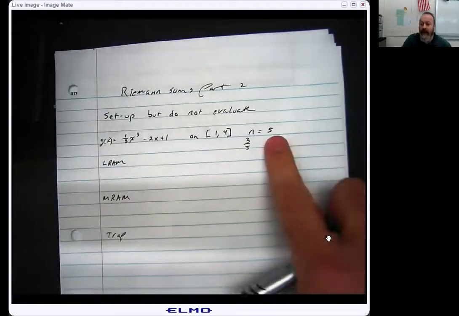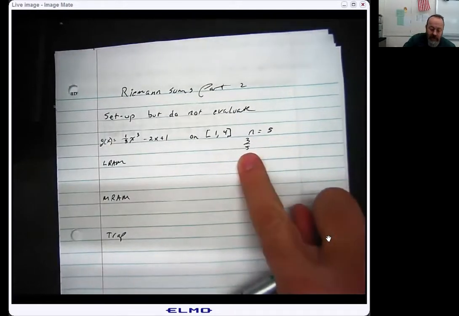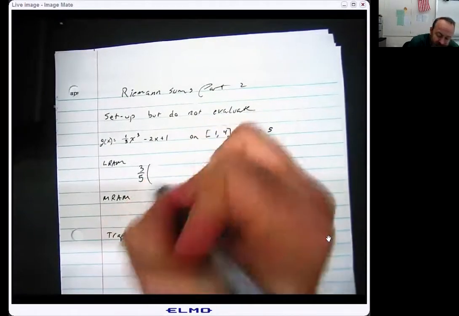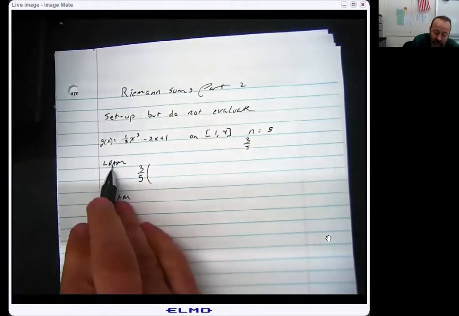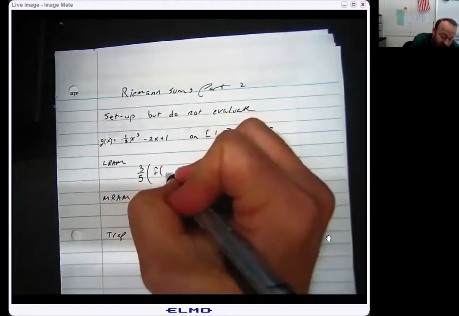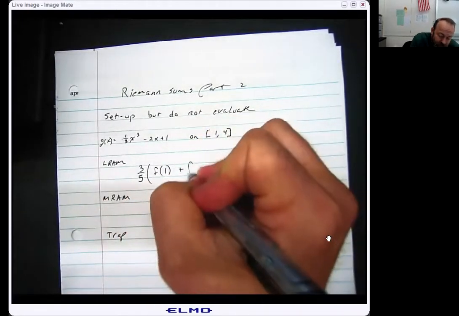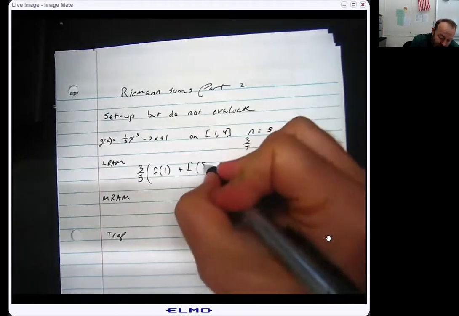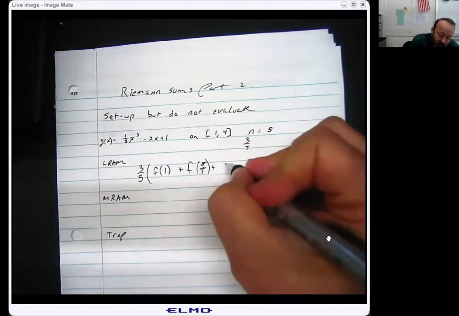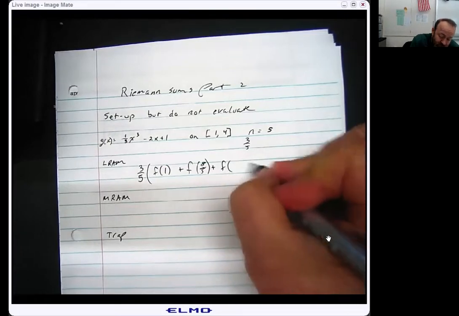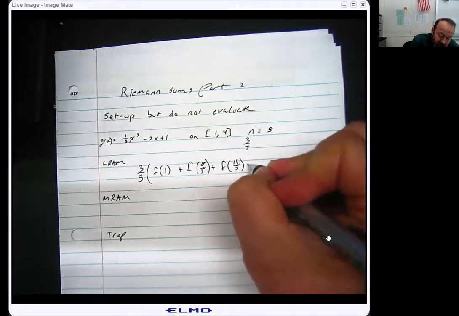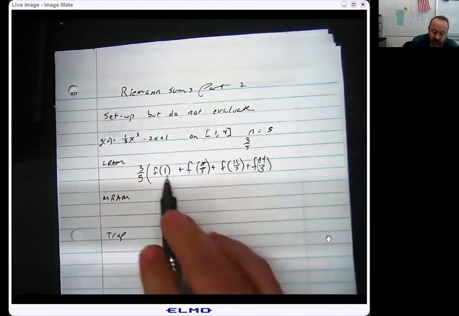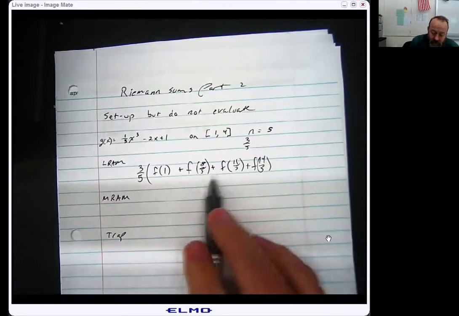So in this case, we're going to have 5 rectangles, each of those rectangles being exactly 3/5 wide. Now, if I'm going to do a left side Riemann sum, then I'm going to do f of 1 plus, now if I move over 3/5 from 1, I'm going to land at 8/5. If I move over 3/5 again, that would be 11/5, then 14/5, there's 1, 2, 3, 4.